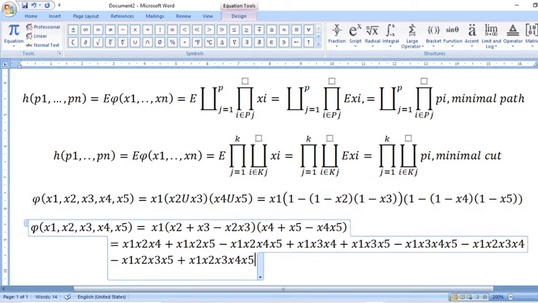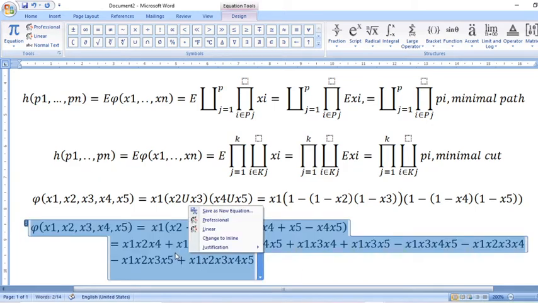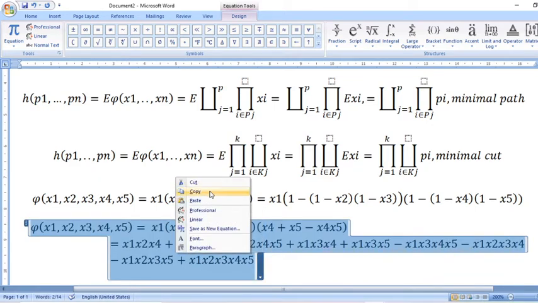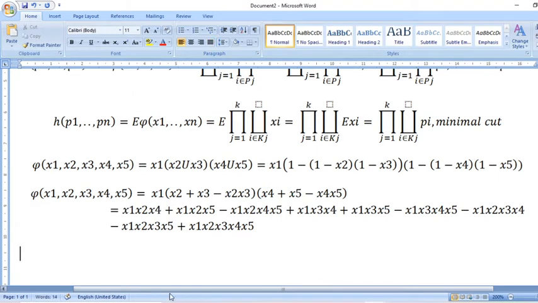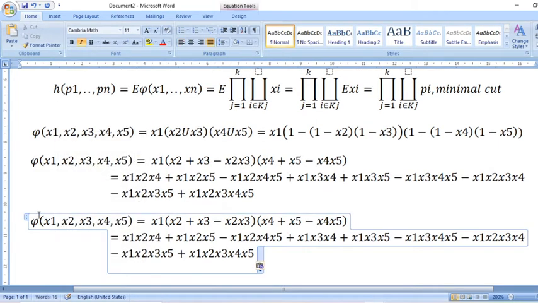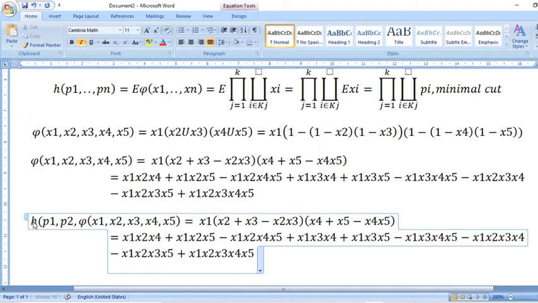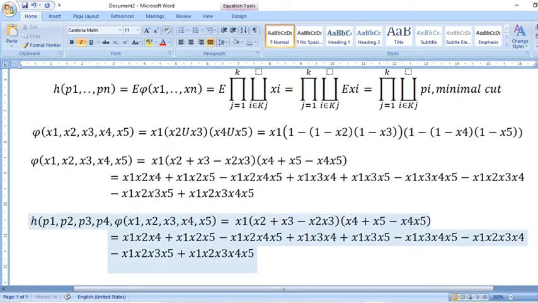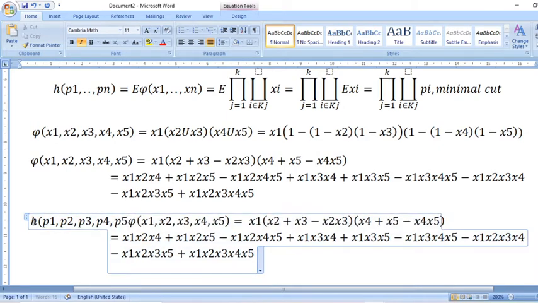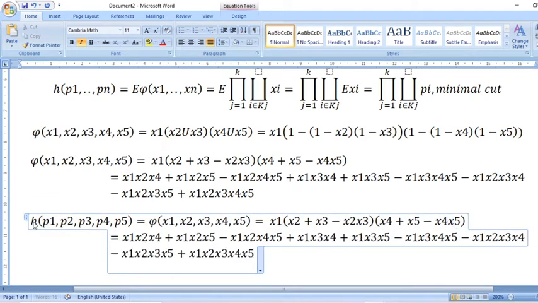To find out the probability, the reliability, we can apply the expectation operation. So what will be the result? You know that h of p1, p2, p3, p4, p5 will be equal to the expectation of phi of x.